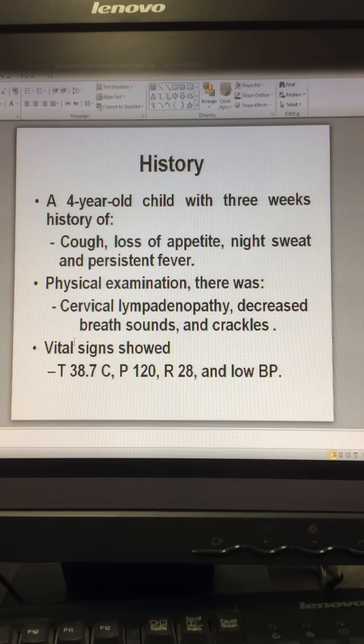This child also has a low-grade fever of 38.7 degrees Celsius. His pulse rate is at the upper limit, with tachypnea. 28 is a high respiratory rate actually.